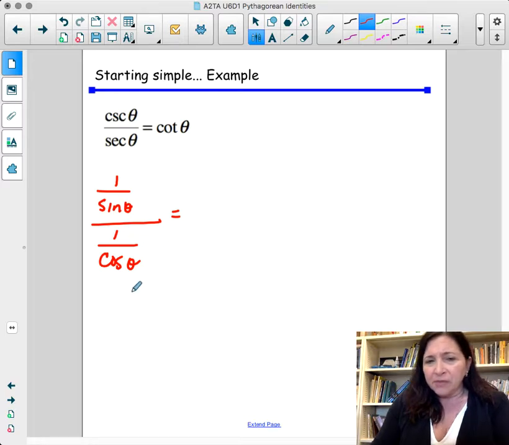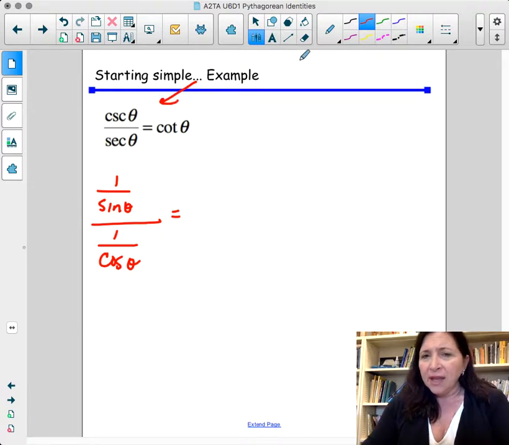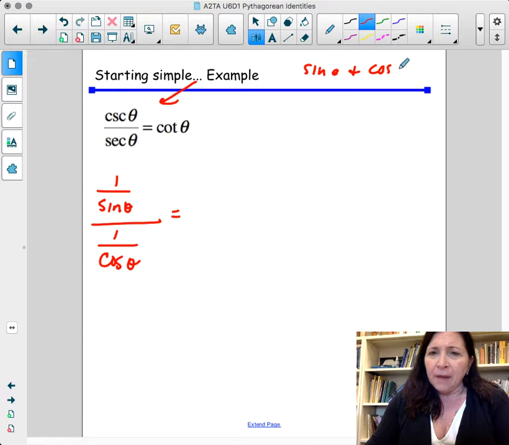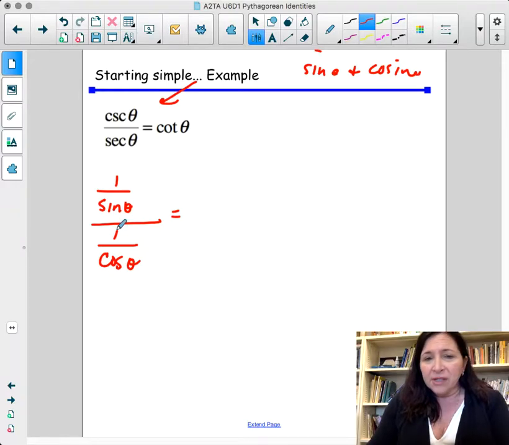I'm just going to simplify this side. And one of the best recommendations that I would give you is whenever you see something that's not in sine or cosine, always try to put it in sine and cosine, because that's just going to help you to get to where you need to go. So this says 1 over sine.